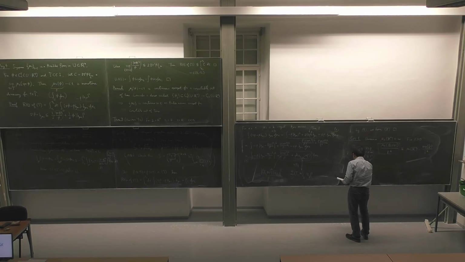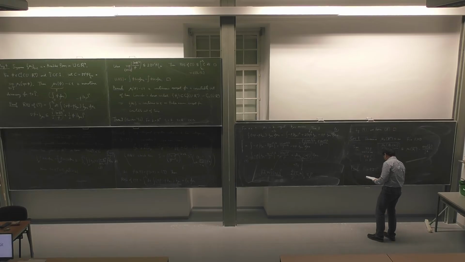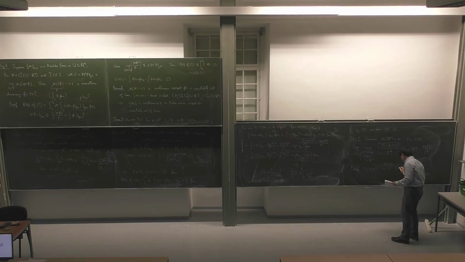Now, the proof is very easy, but I really don't know if I can finish in 5 minutes, but I hope I can do that now. Just fix T, and let's assume that by translation we can assume x equals 0, without loss of generality.